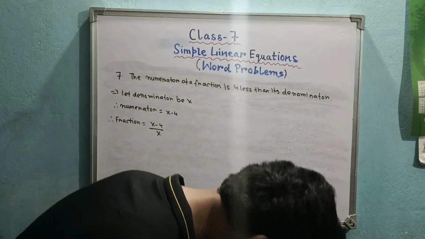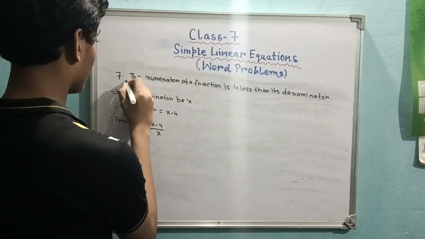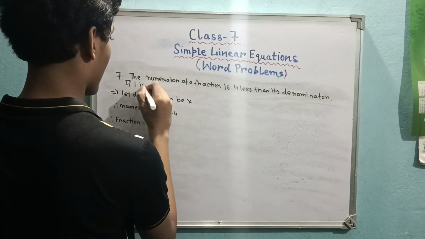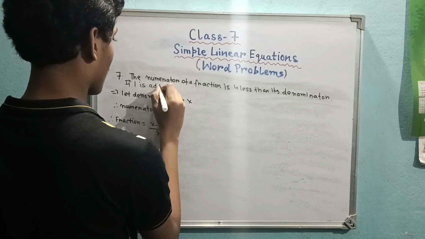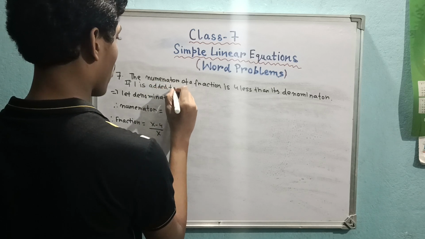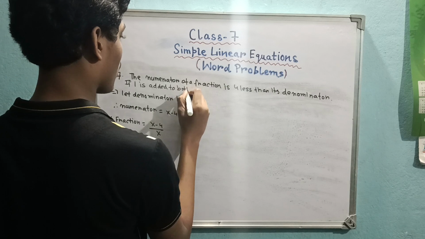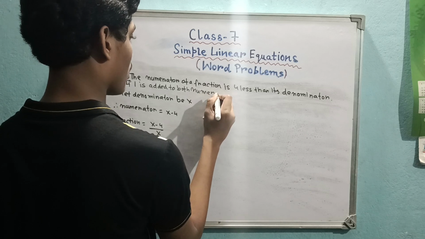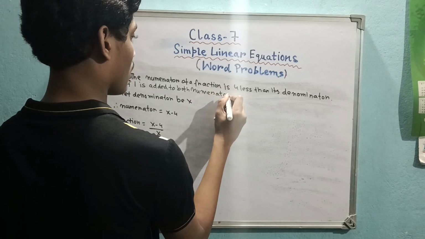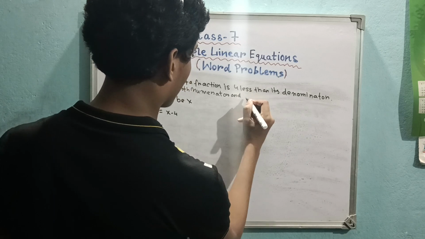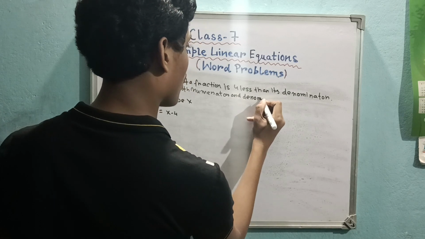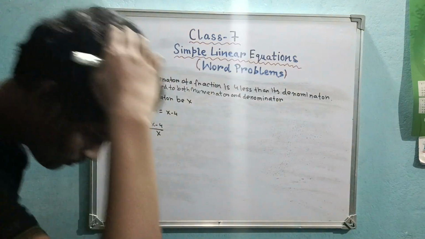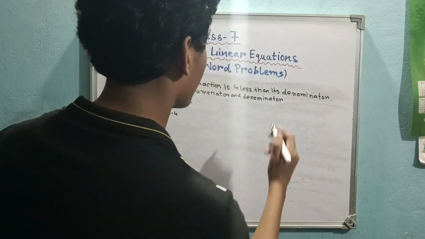If 1 is added to both numerator and denominator, fraction becomes 1 by 2.